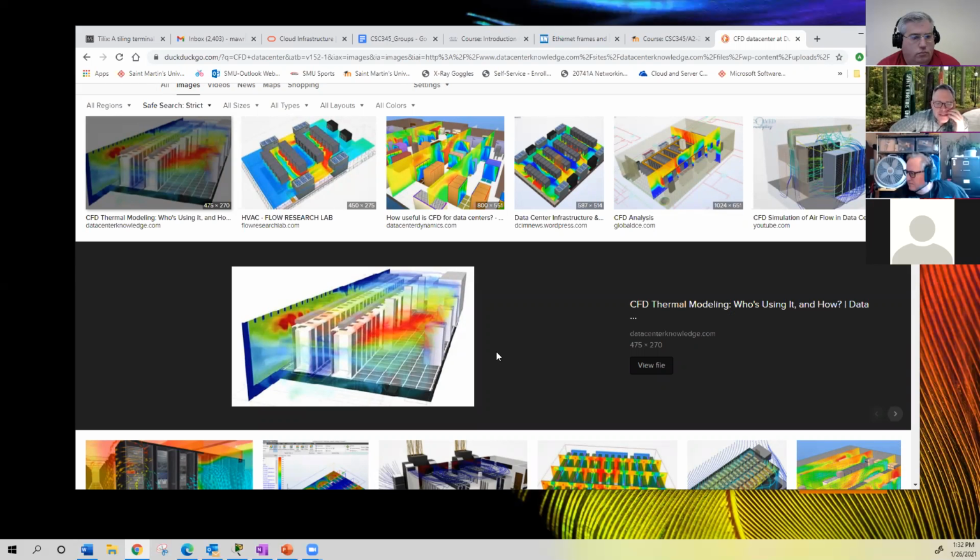It maps the air temperature, dark blue being cold, lighter blue, a little bit warmer, light green, green, yellow, orange, and then red being the hottest air. All right. And you can see by these computational fluid dynamic models that airflow, and I'll just expand it a little bit here.